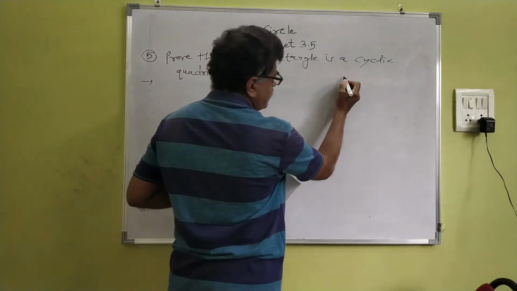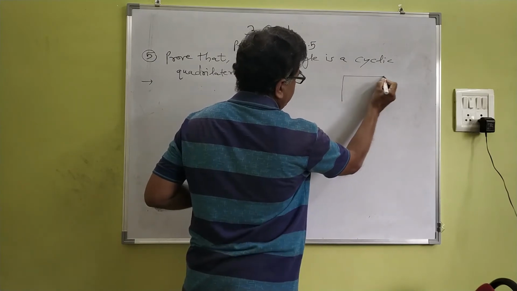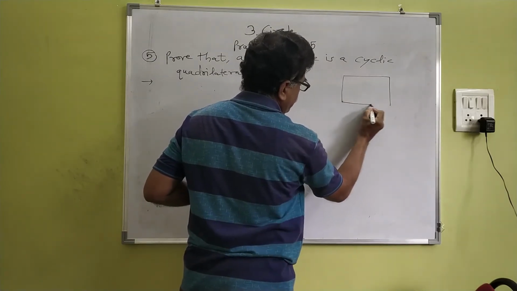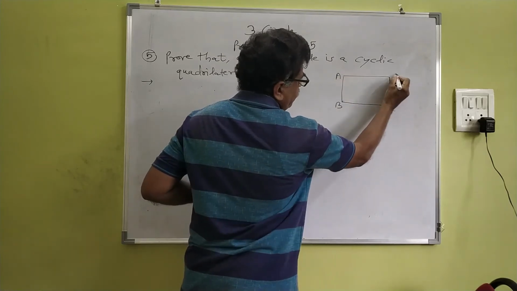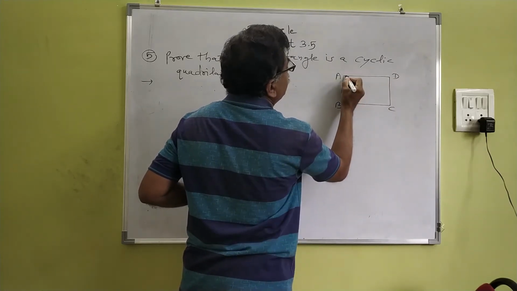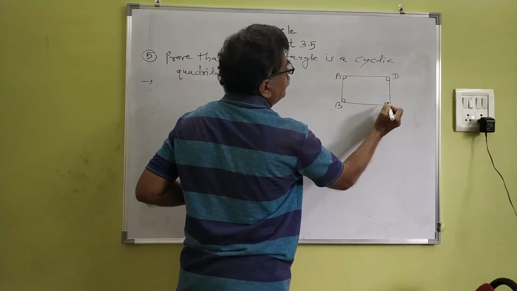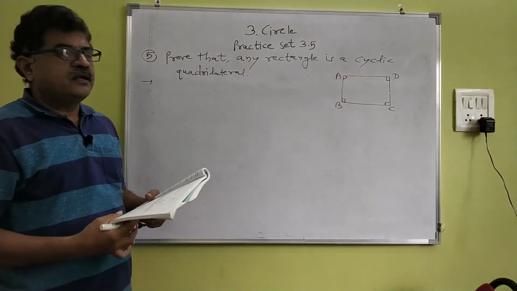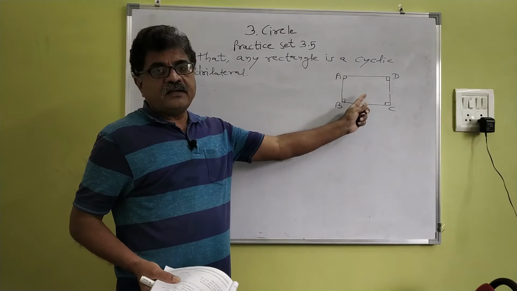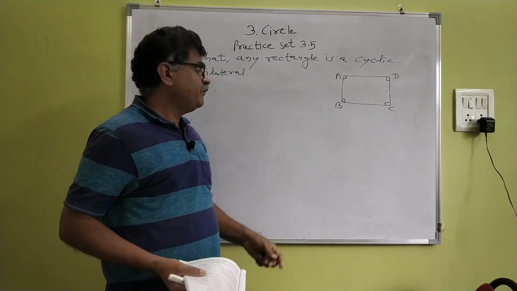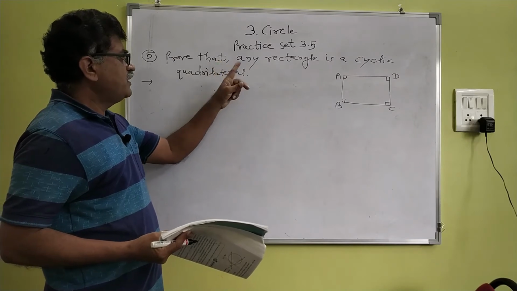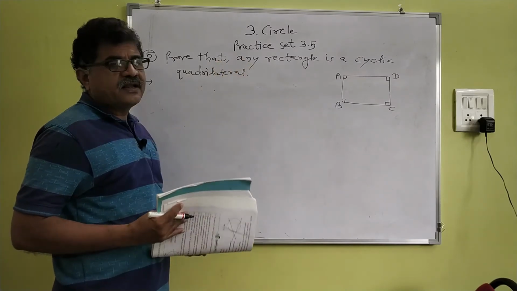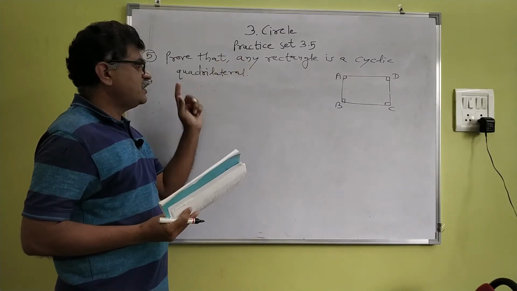Now for this, draw the figure. Suppose ABCD is a rectangle. We know that all angles of a rectangle are 90 degrees. Now we have to prove that any rectangle is a cyclic quadrilateral.